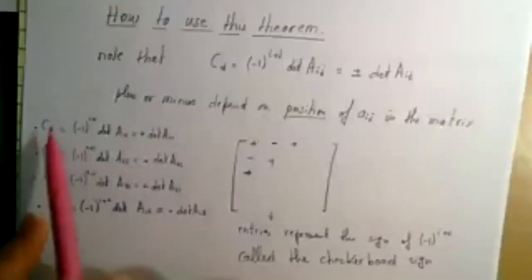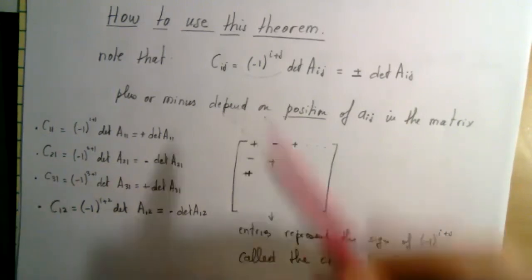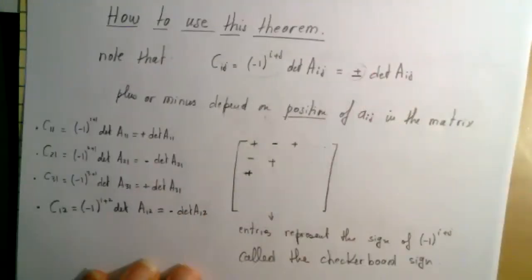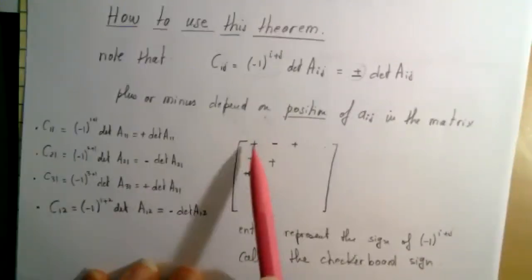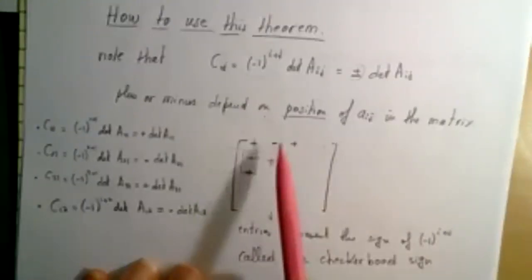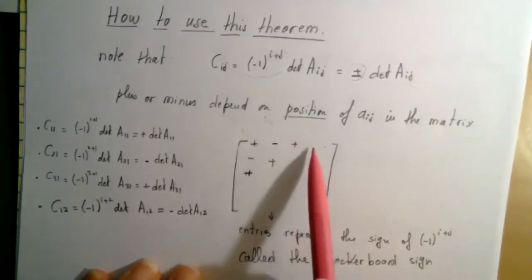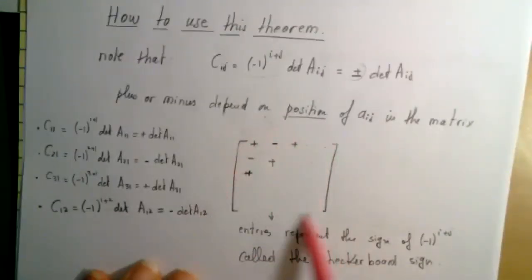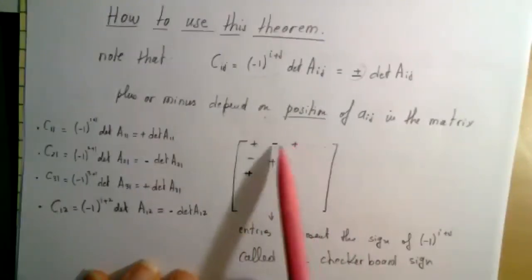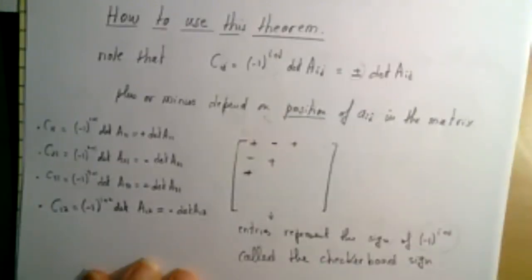If I take every cofactor and find whether there is a plus or a minus, C11 is plus, C21 is minus, C12 is minus, C13 is plus. We call this the checkerboard sign, and the entries represent the sign of minus 1 to the i plus j.